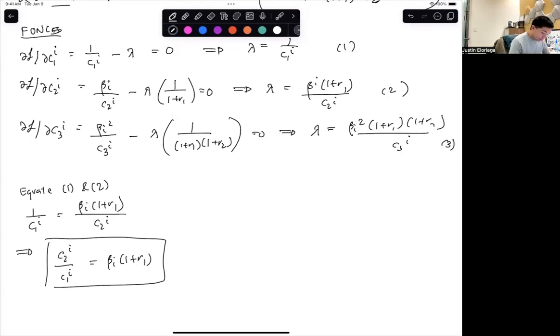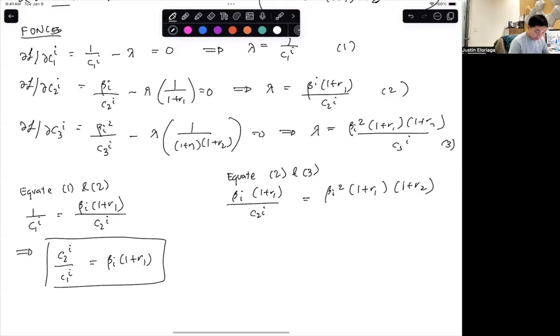The next thing I want to derive is if I equate 2 and 3: beta i (1 plus R1) over C2i equals beta i squared (1 plus R1)(1 plus R2) divided by C3i.